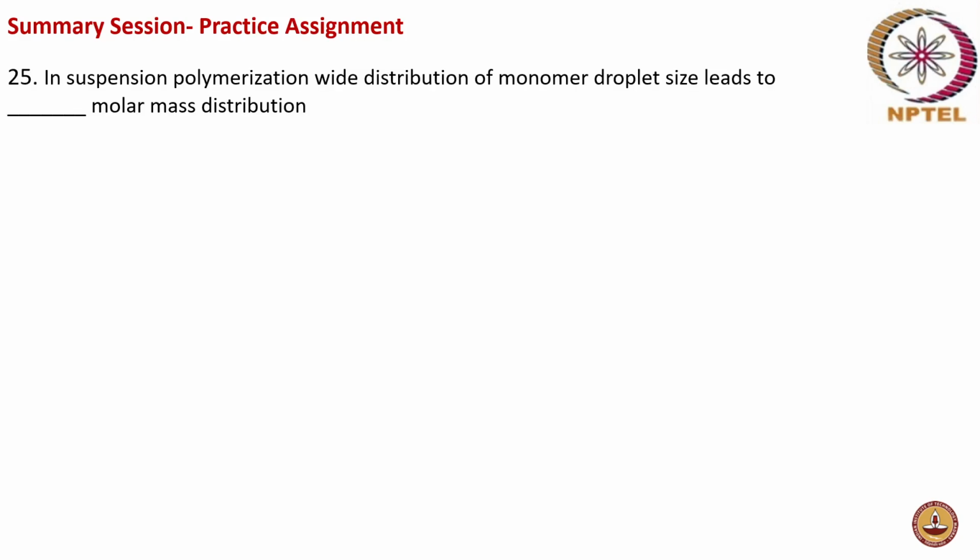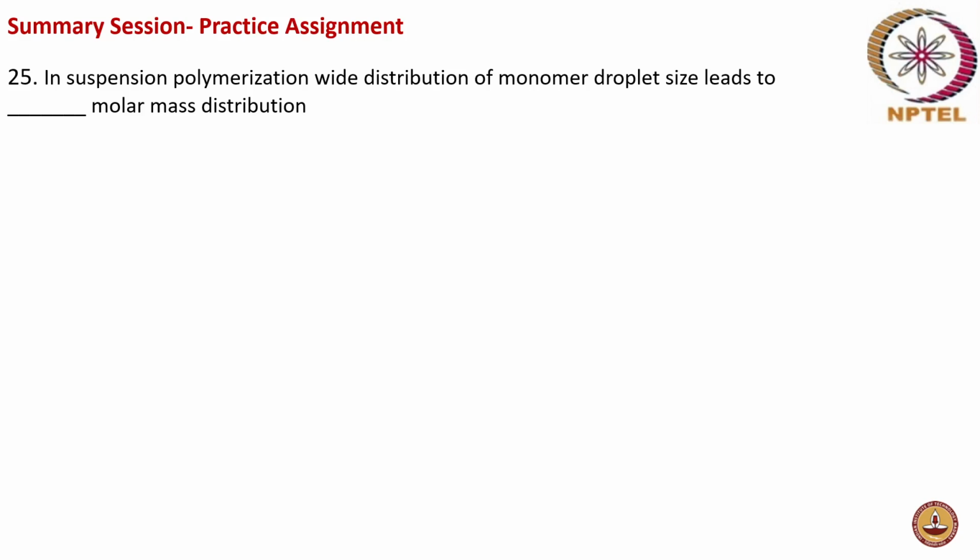Next, in suspension polymerization, a wide distribution of monomer droplets leads to dash molar mass distribution. You have to say whether it will be broad or narrow. Broad.